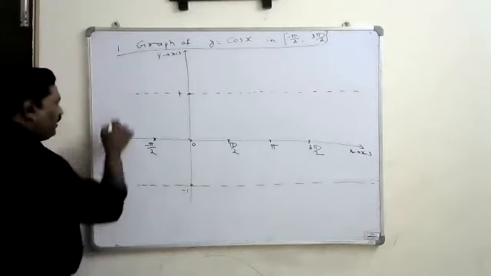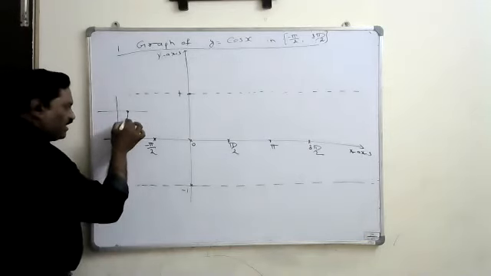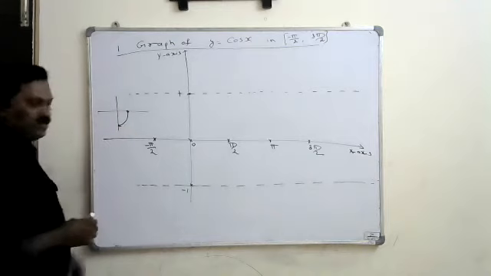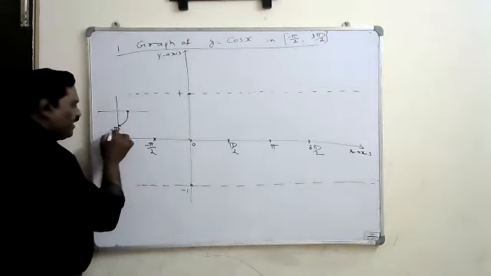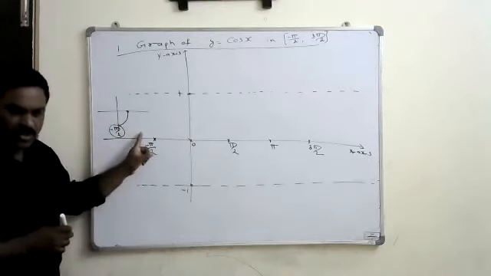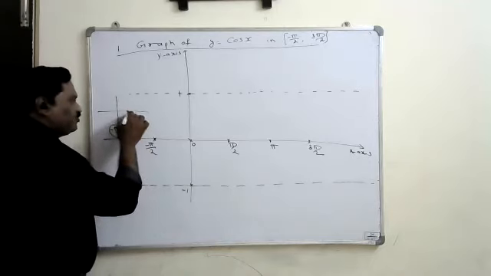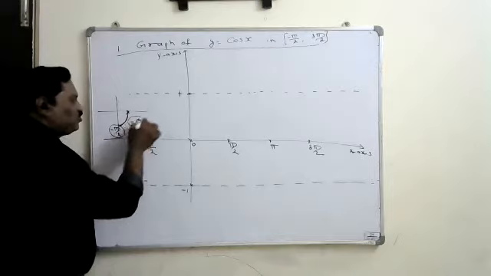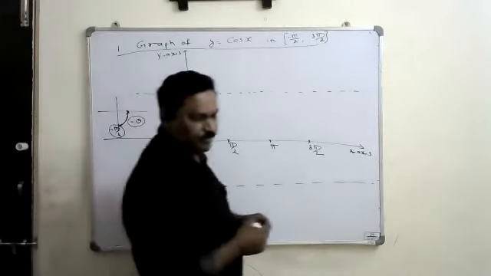Minus pi by 2 means if you measure the angle in the anti-clockwise direction, you have to take it as a negative angle. A negative angle lies in the fourth quadrant. In the fourth quadrant, which are positive?